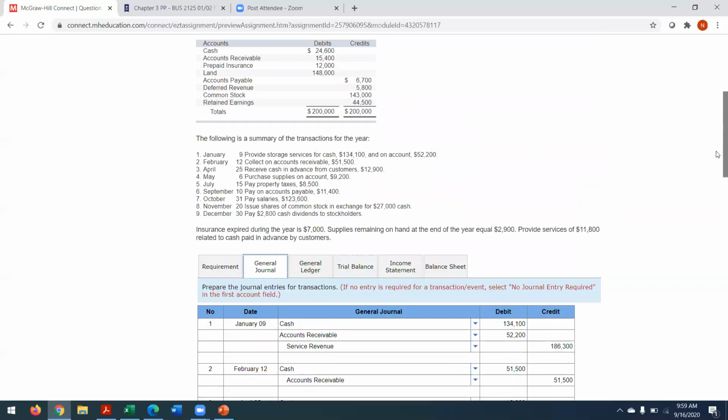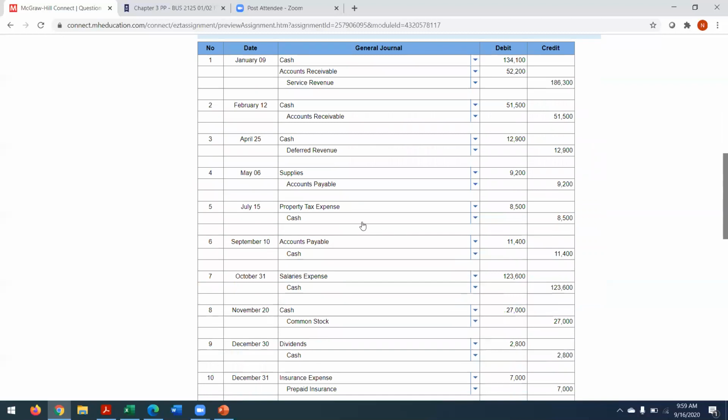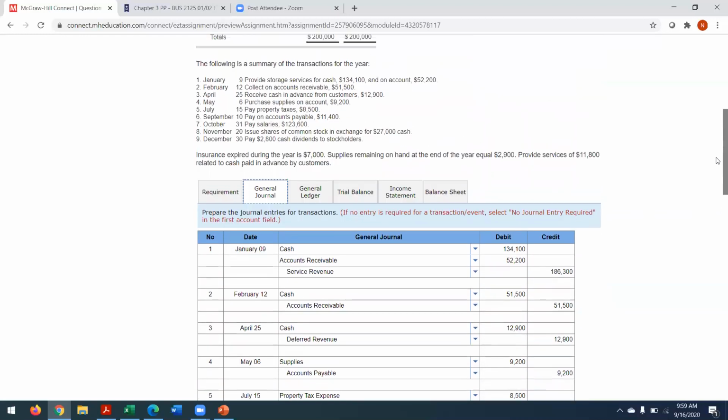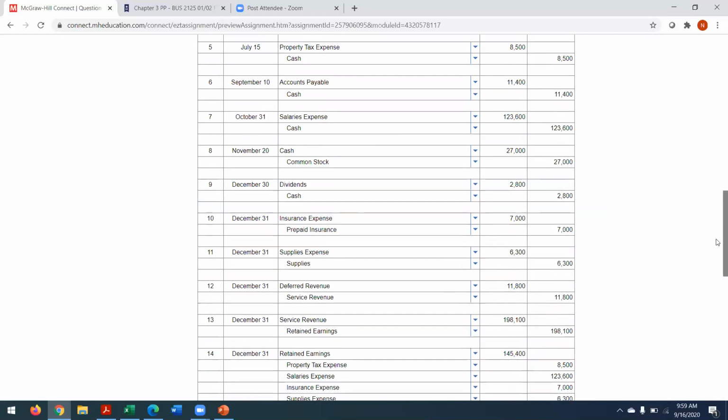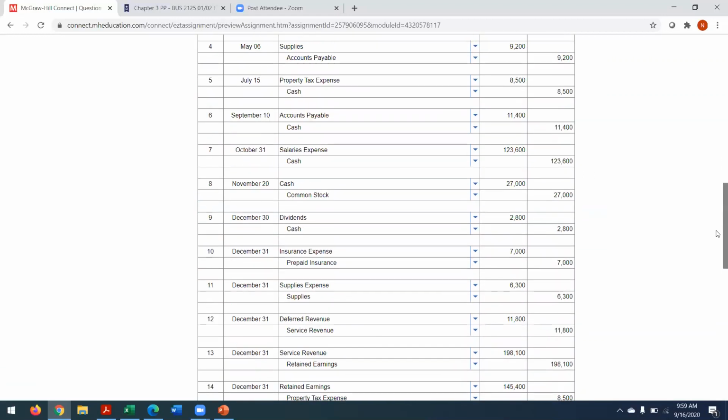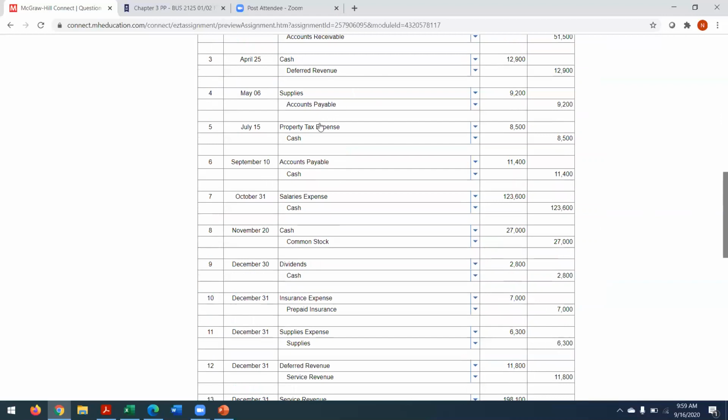May 6th, purchase supplies on account 9,200, debit supplies, credit accounts payable. Pay property taxes 8,500, property tax expense, credit cash.